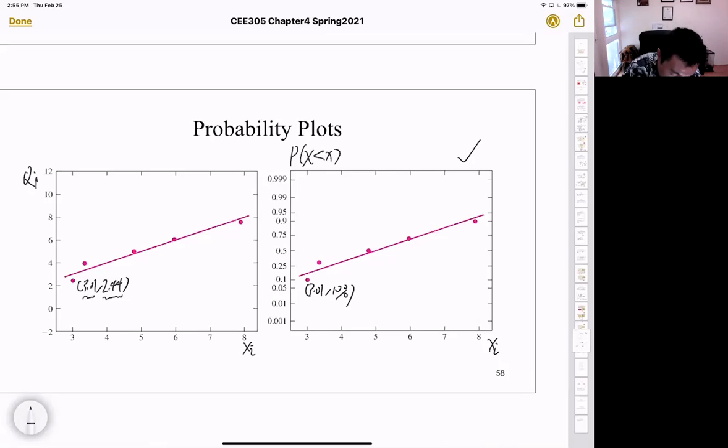The second one is 3.35, 30%. And the third one is 4.95, 50th percentile. Again, if the dots are close to the line, then our guess is correct. So that's what is called probability plots.